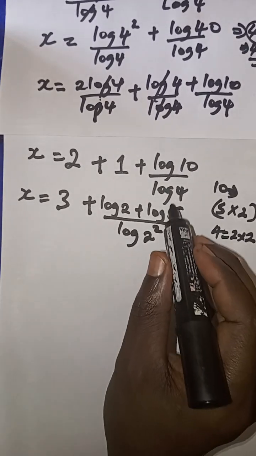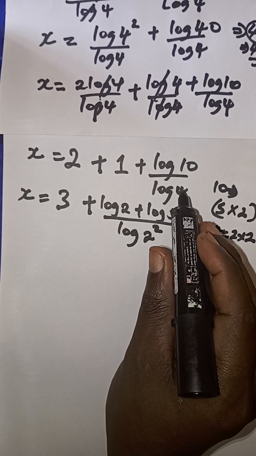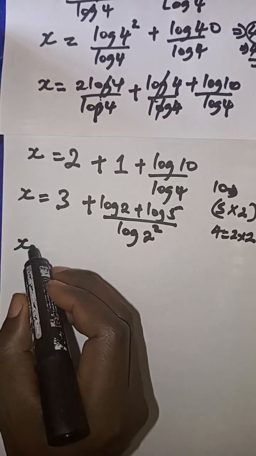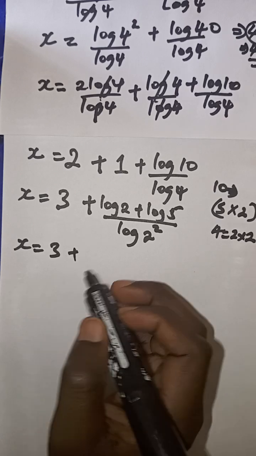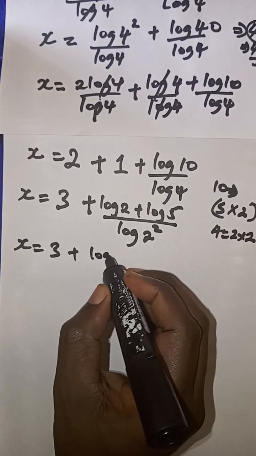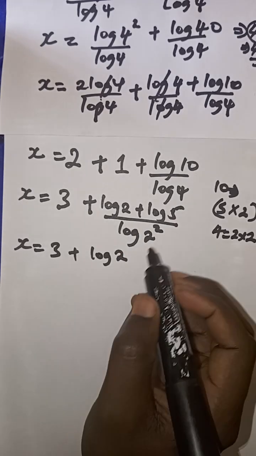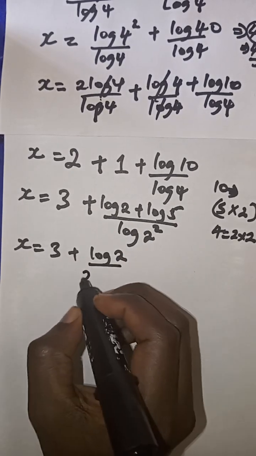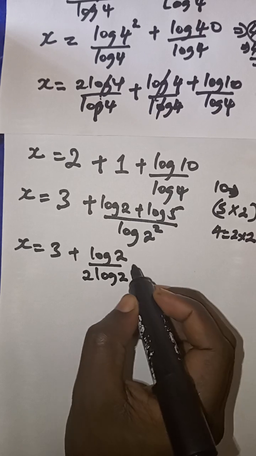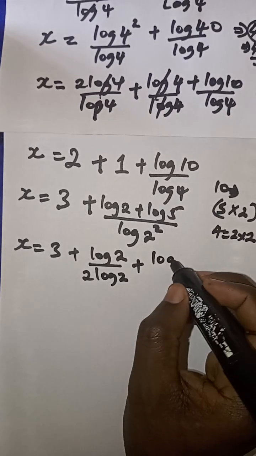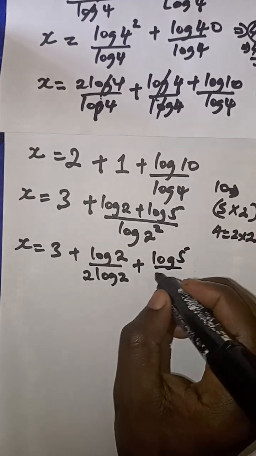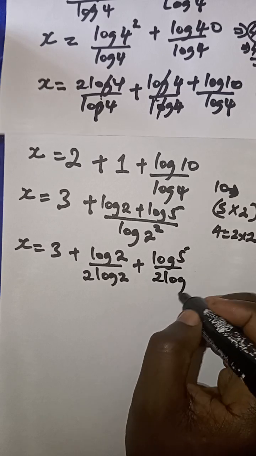Of course, 2 squared is 4, which can be rewritten again as x is equal to 3 plus the log of 2 plus the log of 5, divided by 2 times the log of 2.